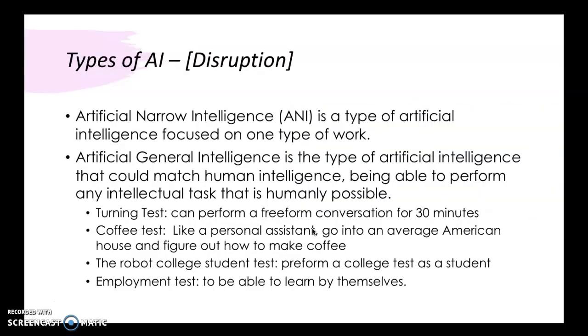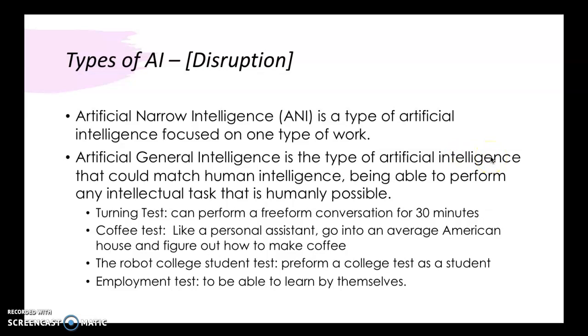So AI is defined by different types of AI. One way it is categorized by the Disruption book is narrow intelligence, and the other type is general intelligence. But nowadays, it's more likely divided with two more types in between. Later on, we will show some videos with a more detailed categorization of AI.